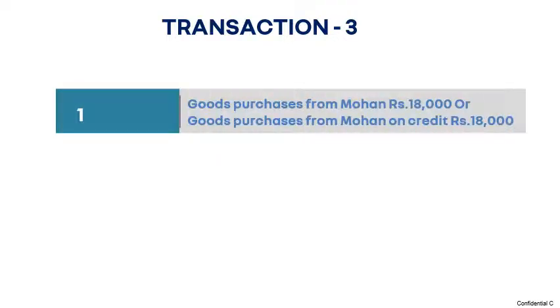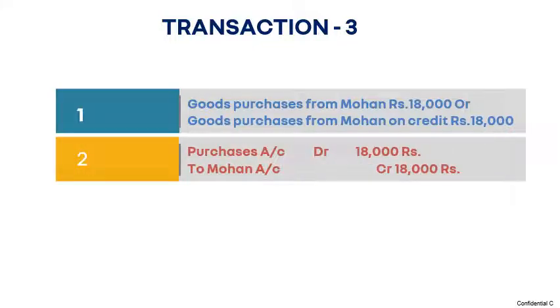Let's see transaction 3. We have goods purchased from Morgan for 18,000 rupees. It may be on credit. So purchase account debtor to Morgan account creditor. Why purchase account debtor? Because purchase is an expense, and all expenses are debit.